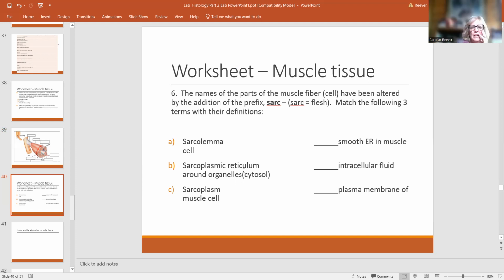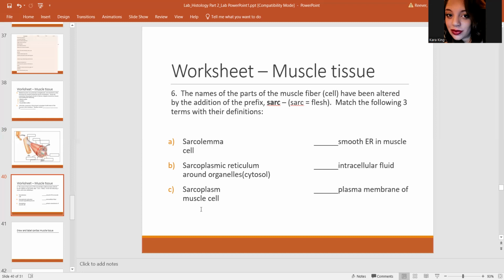It sounds like endoplasmic reticulum, it's just sarco as a prefix. And then the sarcolemma is the plasma membrane of the cell. I like the M's in sarcolemma and membrane. I don't know how I remember that one.